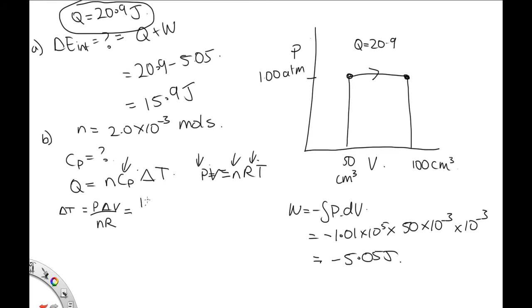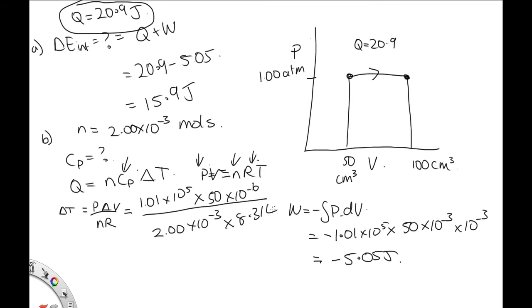Substituting in, our pressure is 1.01 times 10 to the 5. Our change in volume is 50 times 10 to the minus 6 meters cubed. That's what we worked out down here. The number of moles is 2.00 times 10 to the minus 3, times R, 8.314. Solving that, we end up with 303.7.